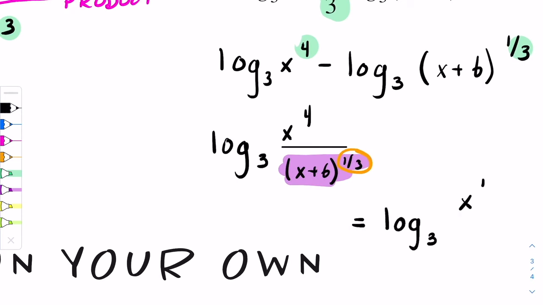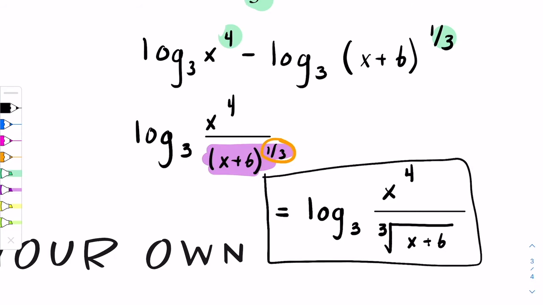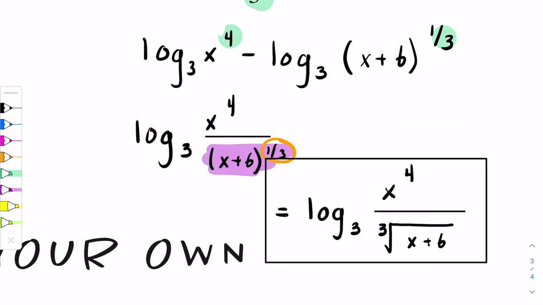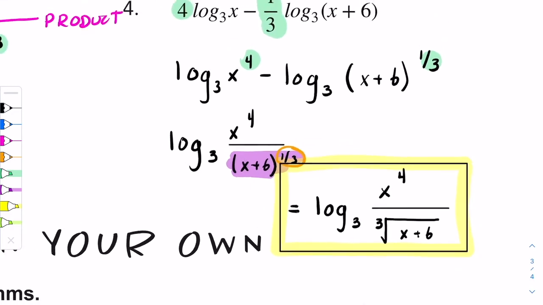Our numerator is x to the 4th, and our denominator becomes a radical, the cube root of x plus 6. I almost missed that on this one, but if you have an exponent that can be expanded or condensed all the way back to a radical, then please do that.